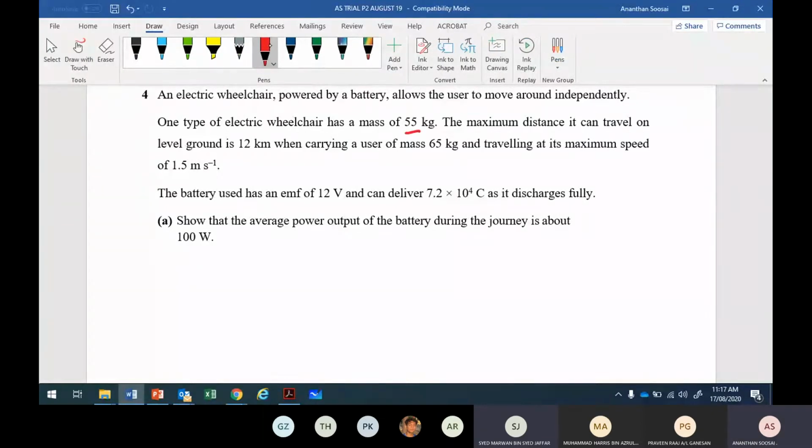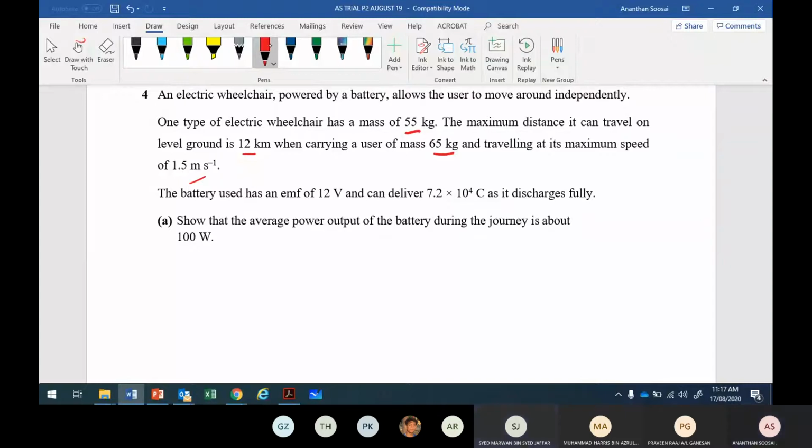The maximum distance travelled on level ground is 12 kilometres, carrying a user of mass 65 kilograms and travelling at its maximum speed of 1.5 metres per second. The battery is 12 volt, with this much charge. Show that the average power output of the battery during the journey is about 100 watts.